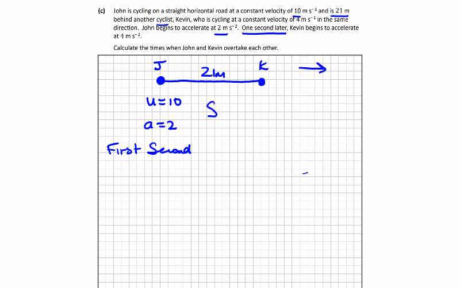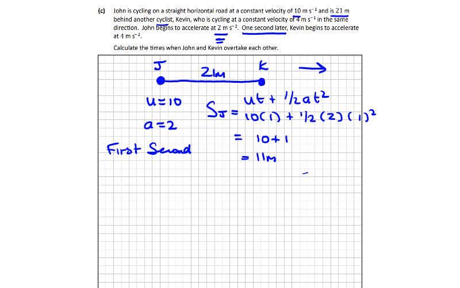For John, the displacement in 1 second is ut plus a half at squared. He's going along at 10 for 1 second plus a half, his acceleration is 2, by 1 squared. That's 10 plus 1, so that's 11 meters.